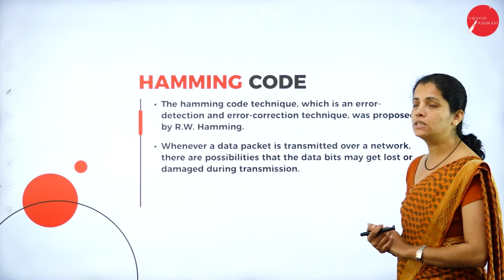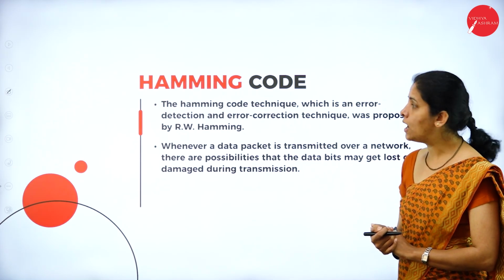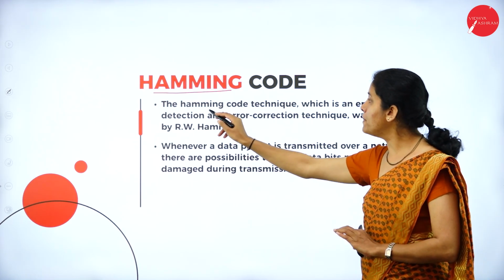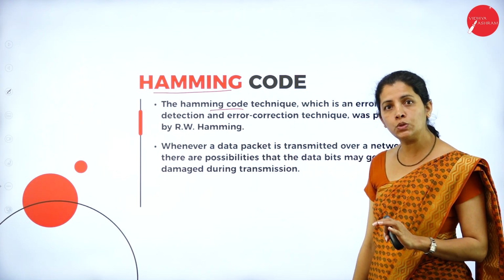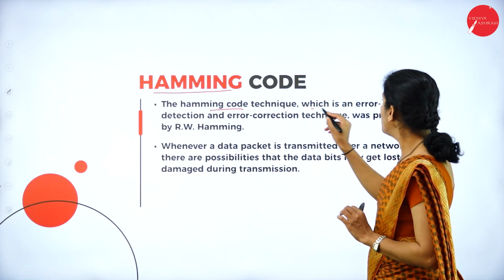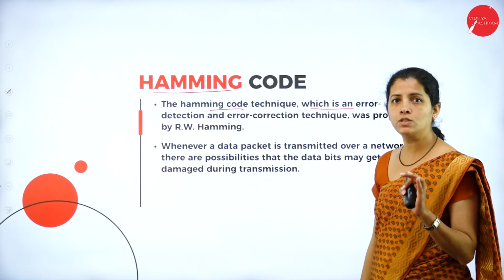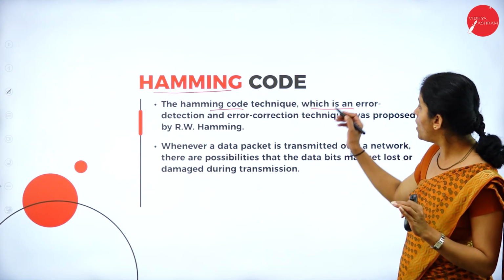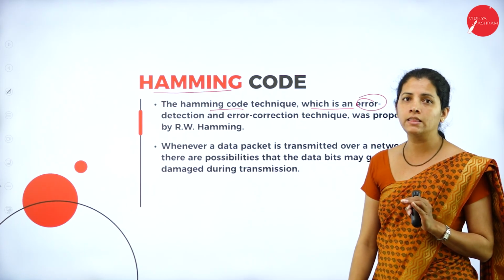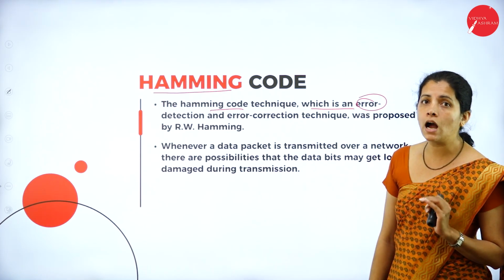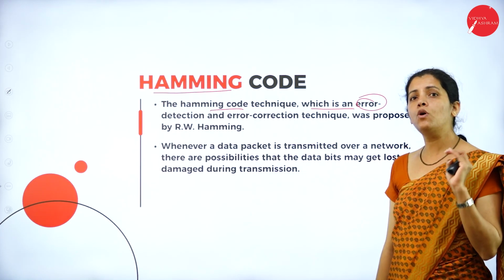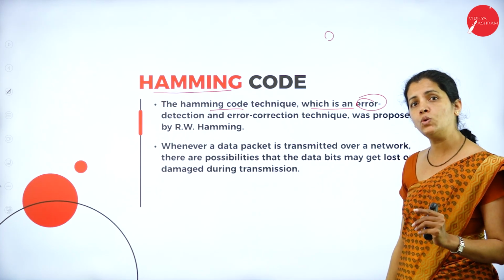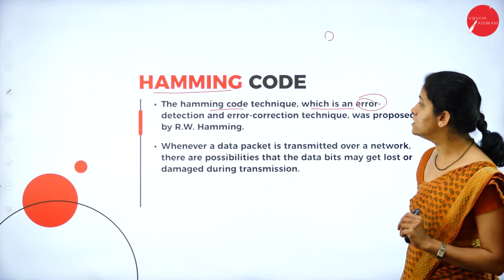Now let me discuss what is Hamming code and why it is called Hamming code. Hamming code is a technique used to correct the error, meaning an error that occurred during the transmission of data. Here error is nothing but the data bits getting corrupted, in the sense that bits get toggled from 0 to 1 or 1 to 0.